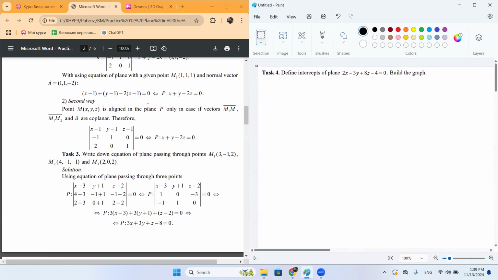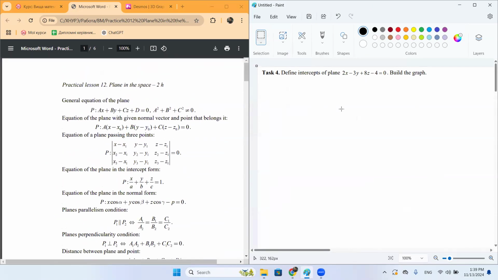So now we need to define intercepts of the plane 2x minus 3y plus 8z minus 4, and we need to demonstrate everything graphically. So how to solve? Your ideas, suggestions?